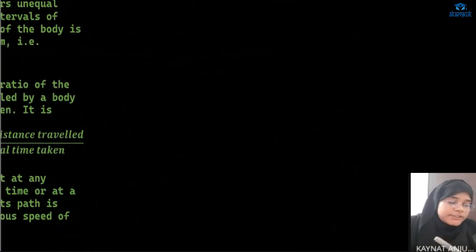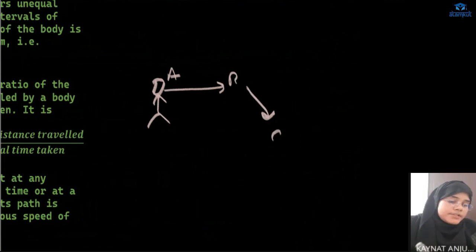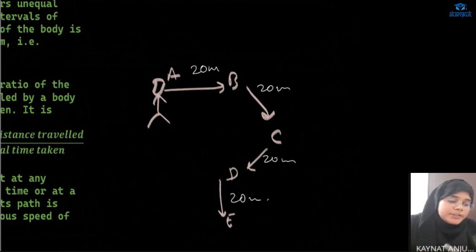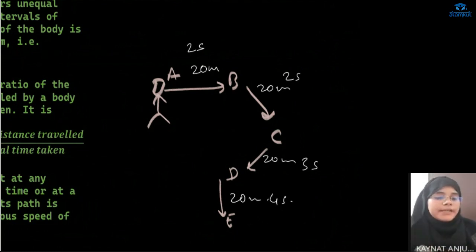So for the whole journey, as in the example just above, the body is traveling from point A to B, C, D, and then E, then F. Sorry, then back to A. Or you say the body has traveled only this much distance, and all the distances are 20 meters, 20 meters, 20 meters, 20 meters, and the time taken is 2 seconds, 2 seconds, then here 3 seconds, suppose, then here 4 seconds. Okay, so the time is taken as this.